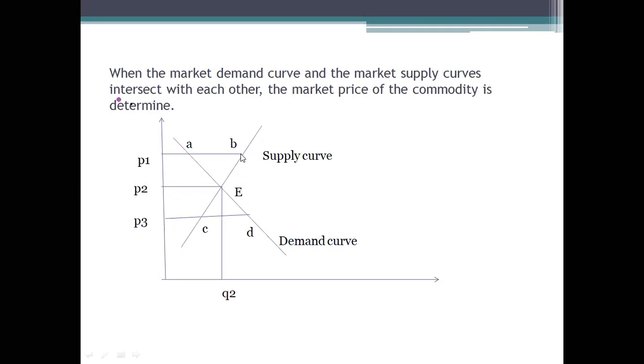But demand reduces. Initially at P2 demand is this much, and if price increases, demand reduces. So AB is the portion of excess supply. This much supply will not sell in the market if the market price is determined at P1.